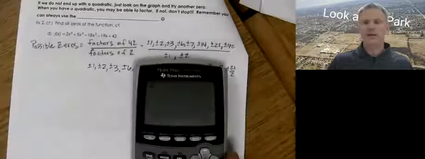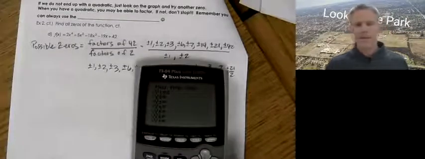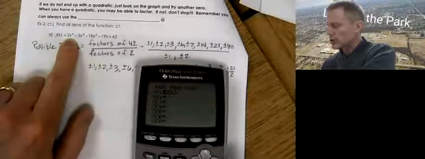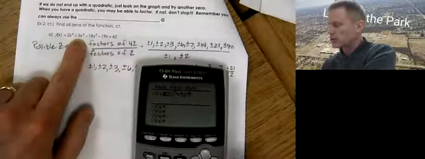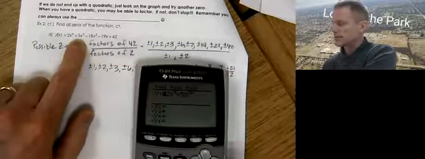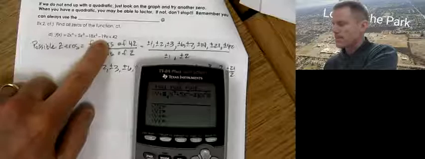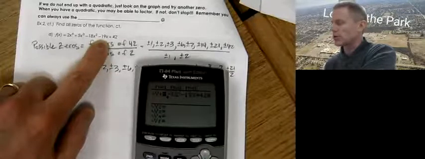into your graphing calculator. So if we go to y equals, we can type in 2x to the 4th power plus 5x to the 3rd power minus 18x squared minus 19x plus 42.